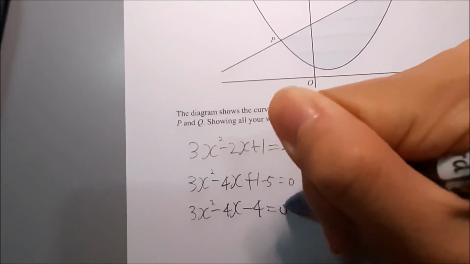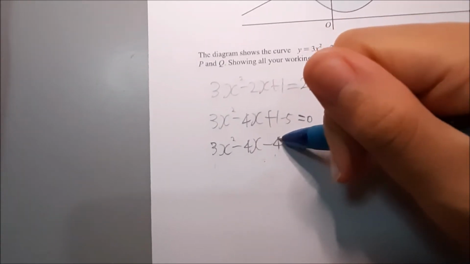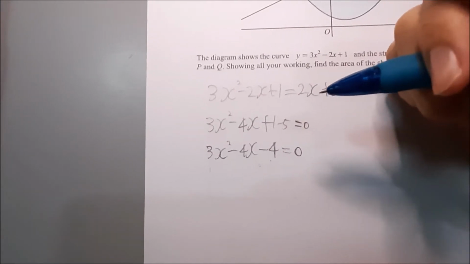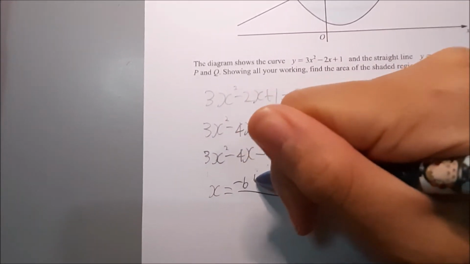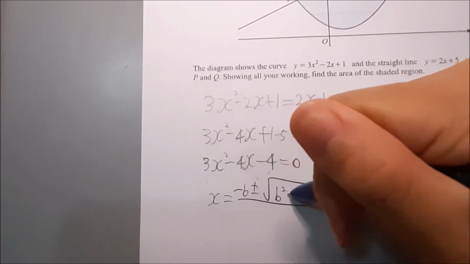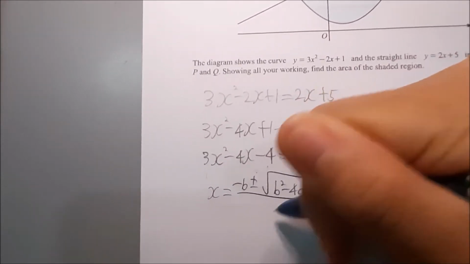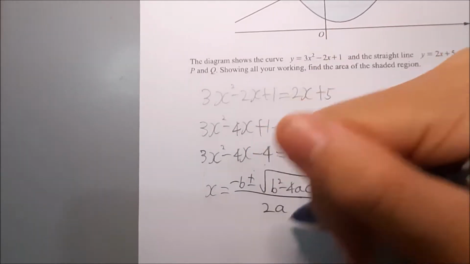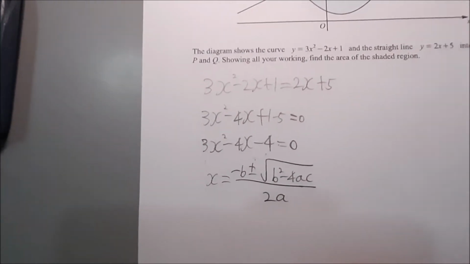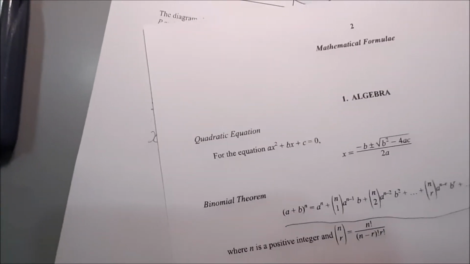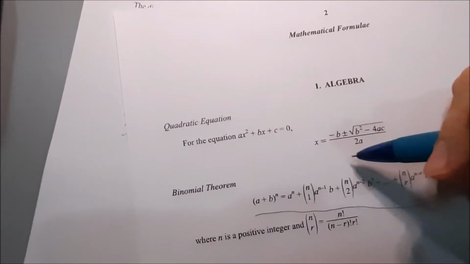which is minus 4. And then for this, you have to use the quadratic formula, which is x equals minus b plus minus the square root of b squared minus 4ac, over 2a. If you cannot remember this, you can also refer to page 2 of your exam paper, the quadratic equation, which is right here.